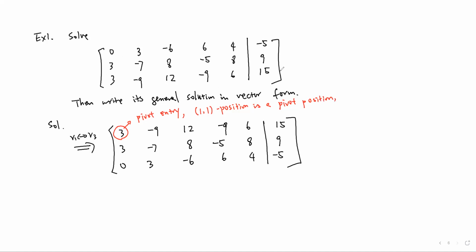So in the original matrix, not this number, this position is a pivot position. The first column is a pivot column because it contains a pivot position, and it corresponds to the unknown x1. So x1 is a basic variable.